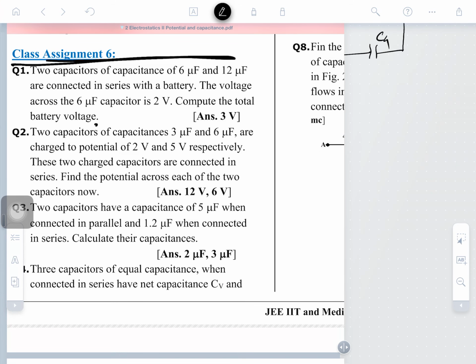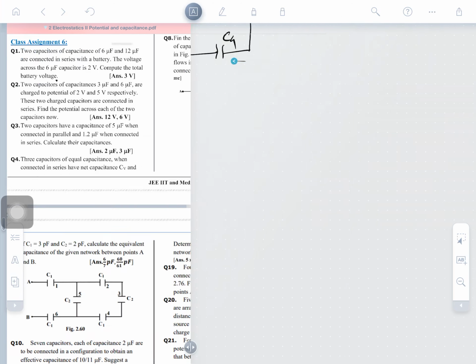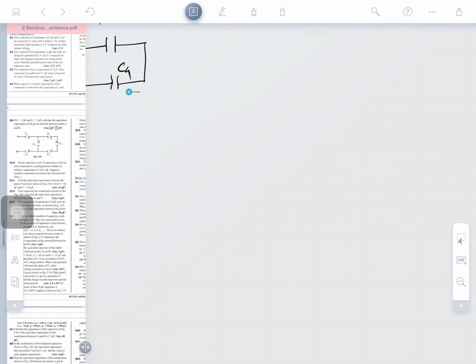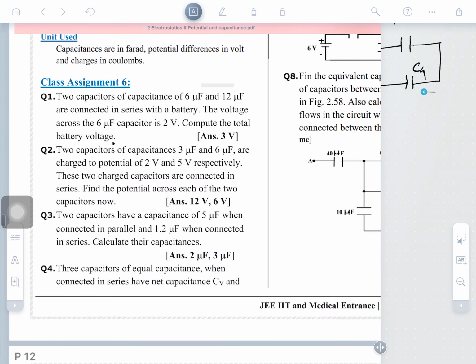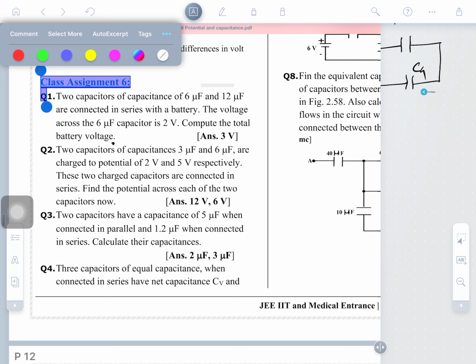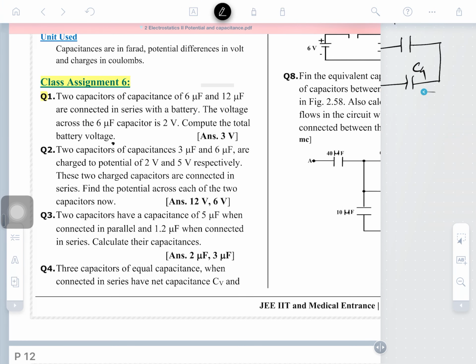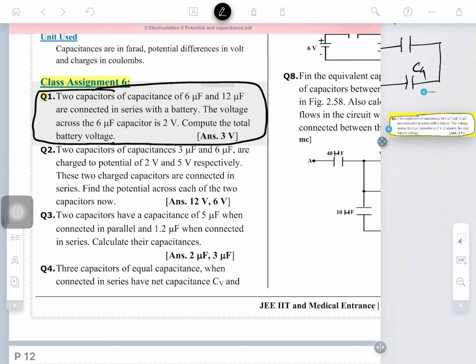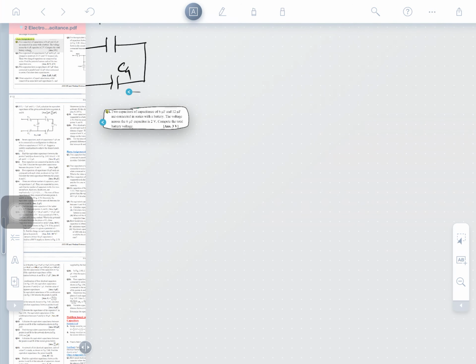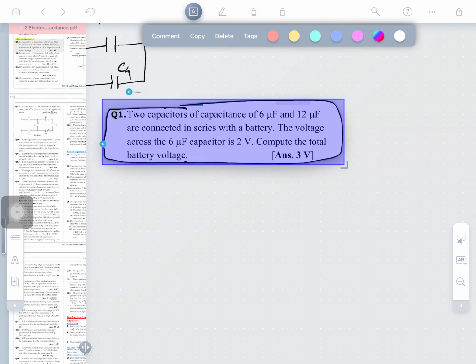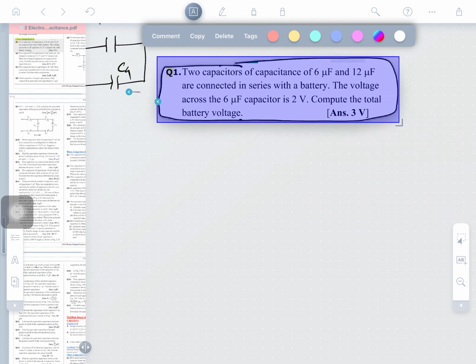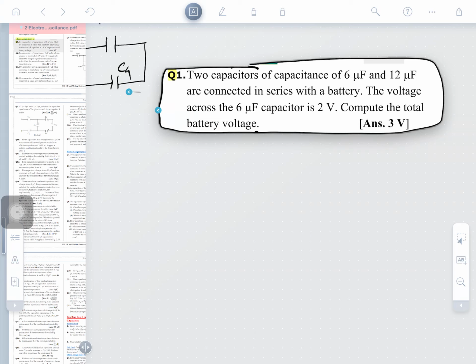Is that clear, guys? I am telling you what the question is actually saying here.